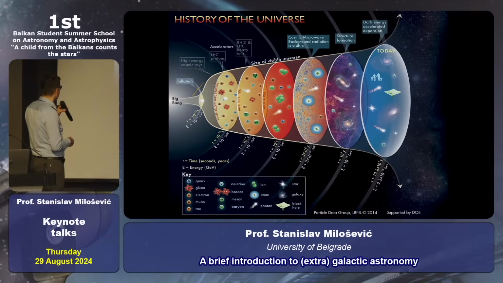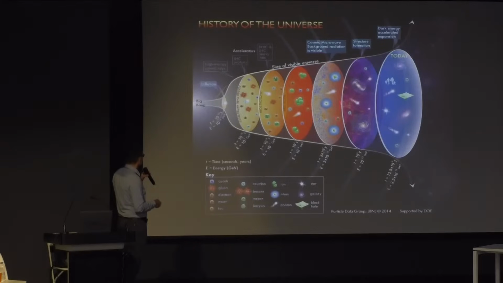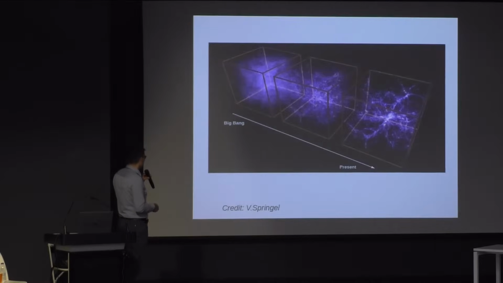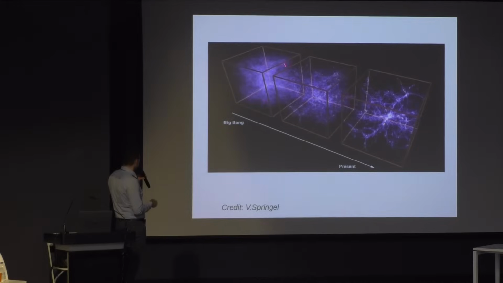We have decoupling of matter and radiation, then structure formation, and this space is also filled with cosmic microwave photons. From this homogeneous universe, small fluctuations lead to the formation of galactic clusters.